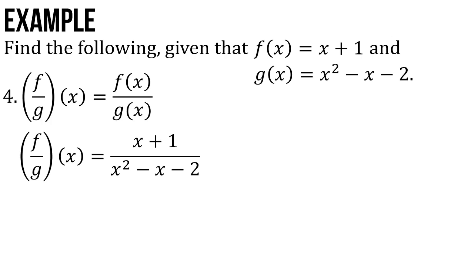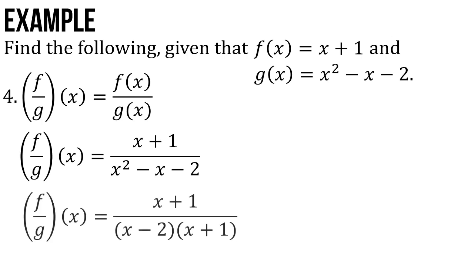As you can see, the denominator can be factored. So let us factor the denominator. It will become (f over g)(x) equals x plus 1 over x minus 2 times x plus 1. So review your factoring skills. If you have questions regarding factoring of algebraic expressions, just message me.